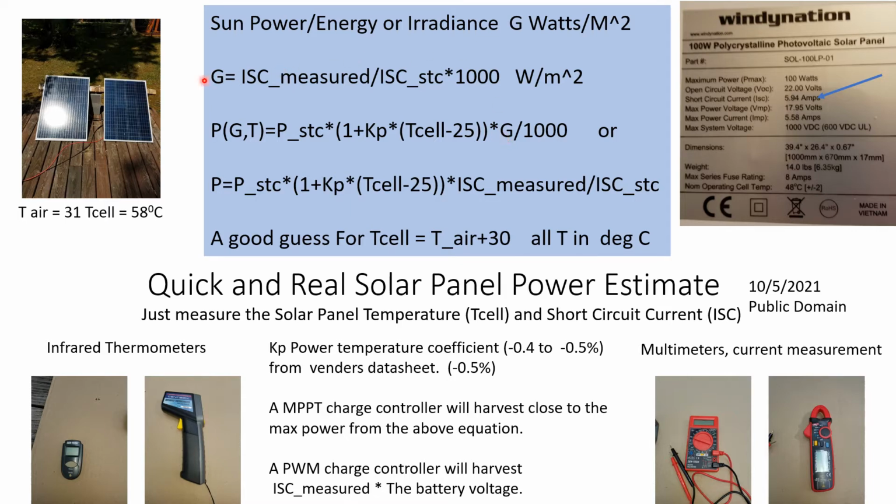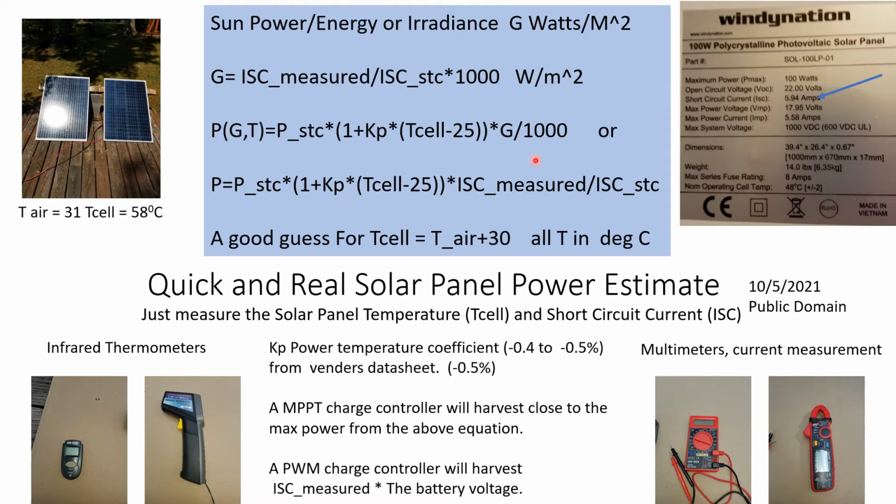We'll use this equation right here. The actual sun energy, with the geometry and all the environmental factors considered, is proportional to the present short circuit current measurement divided by the short circuit current labeled on the STC, this blue number here, times 1,000 watts per meter squared.